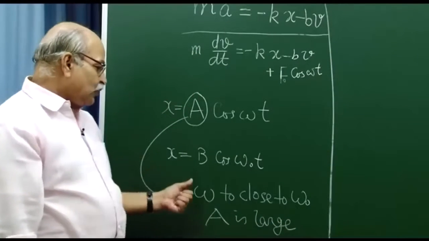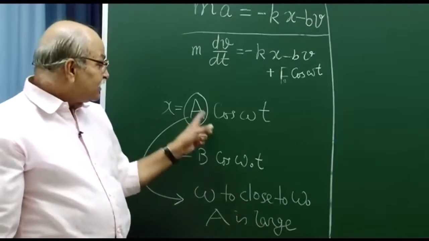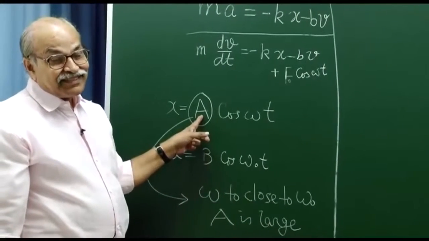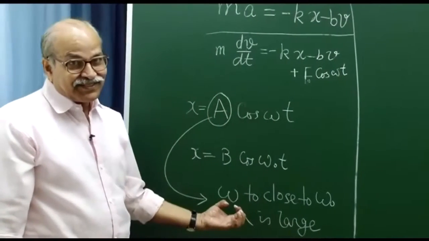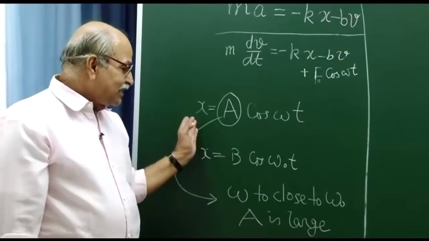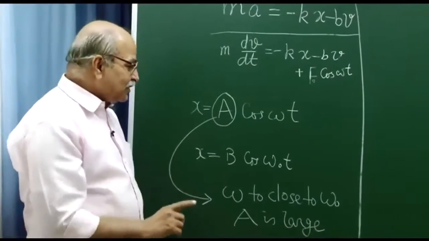And if omega and omega naught are widely different from each other, then this amplitude is small. This phenomenon is known as resonance. So, when these frequencies match, you have large amplitudes.